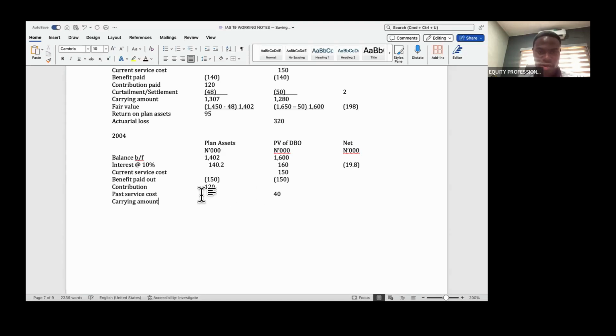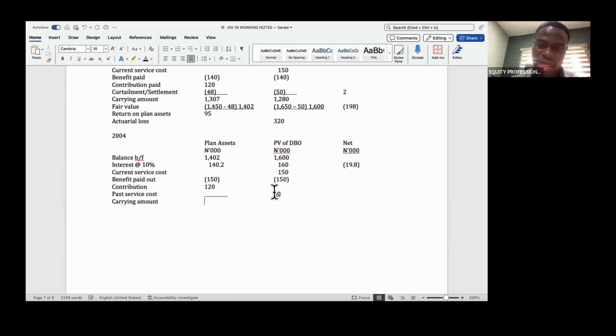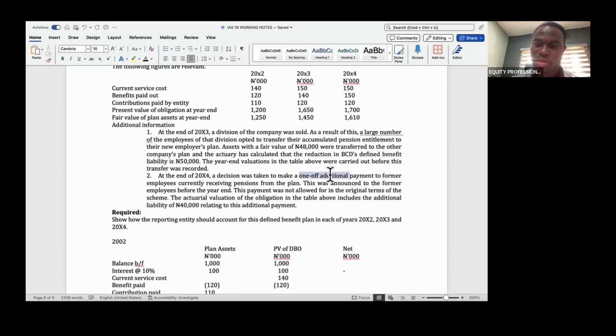So let's get our carrying amount. How much is our carrying amount? Who gives us the figure? Why are we not lessening this amendment? It has to be added because it's an additional payment. An amendment should be added to the obligation. It's an increase in the obligation. If it were a past service cost as a result of a curtailment, then that's when we'd lessen it. But this is an amendment.